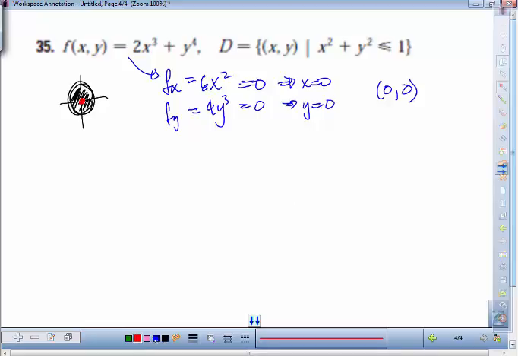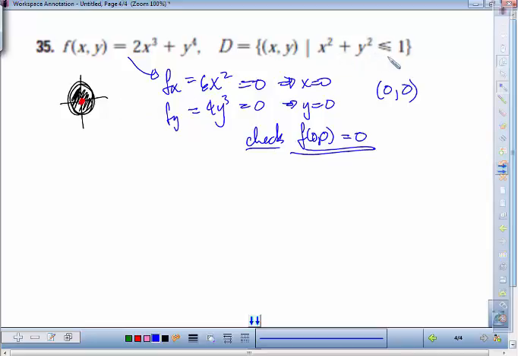So what happens when we put 0, 0 into the original function? We get 0. Okay, so this could be a max, it could be a min. It'll depend on what happens when we check the boundary. Now, our boundary looks like this.